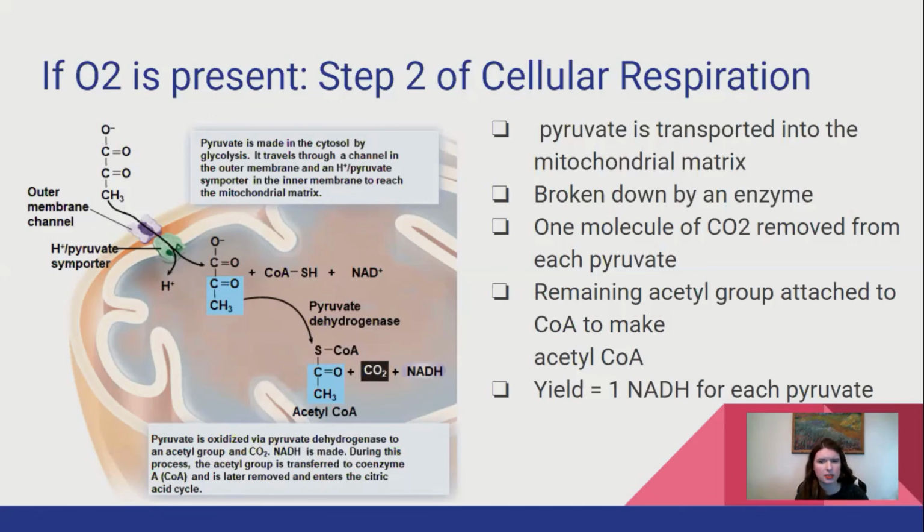And it's important to note that this is one molecule of NADH for each pyruvate. So in one step of pyruvate oxidation, we get one NADH molecule. But if we were tracking it for one molecule of glucose, we'd multiply by 2. We get 2 NADH for each glucose molecule that we started with.